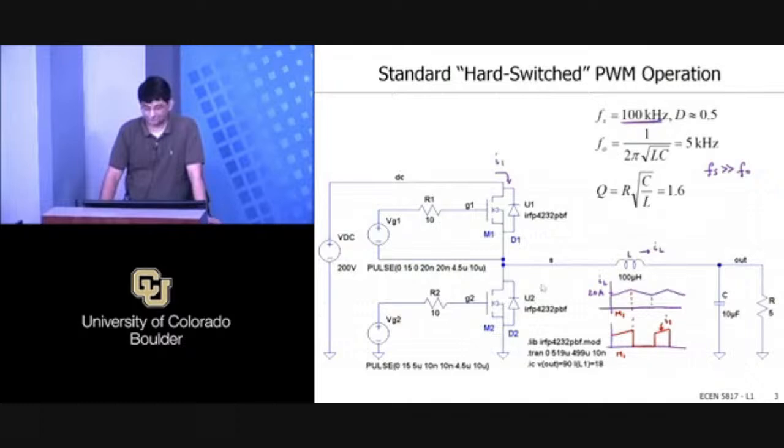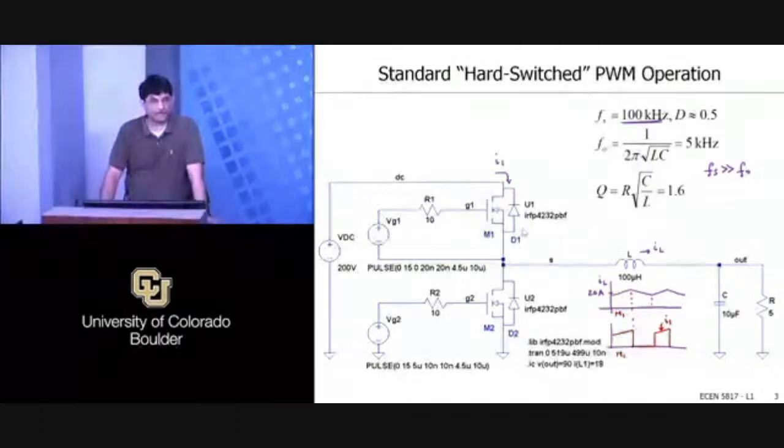We picked our L and C values such that the corner frequency of this LC filter was much lower than the switching frequency. So it essentially attenuated all the ripple, your output voltage was fixed, and your inductor current ripple was small.